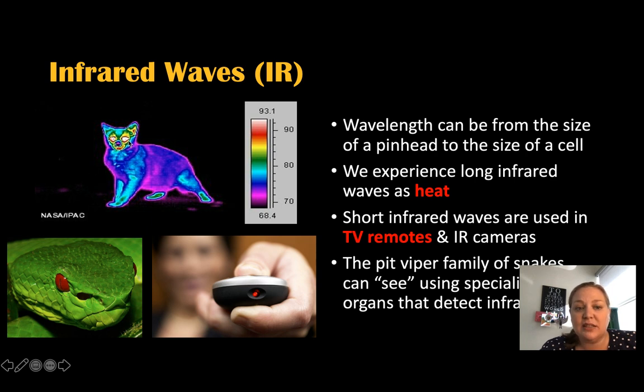So the hottest part is going to be the brightest part, and you can see the temperature scale over here. So the white is always going to be the hottest, and the dark purple is always going to be the coldest. There used to be one of these when you came off one of the Disney rides at Epcot. I don't remember if it was Spaceship Earth or if it's Test Track.